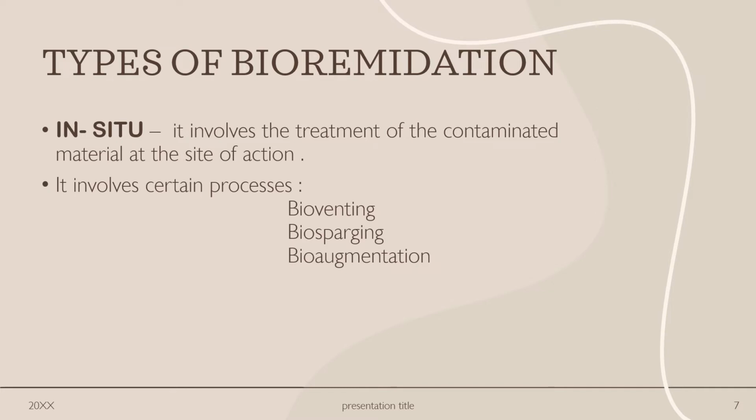The second process is biosparging. It involves the injection of air under pressure below the water table so that the groundwater oxygen concentrations can be increased, and this will enhance the rate of biological degradation of the contaminants naturally that are occurring bacteria.